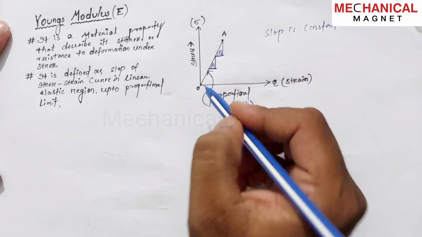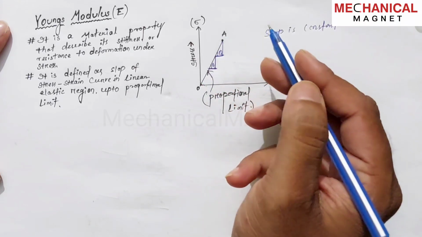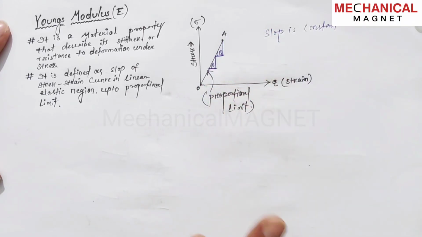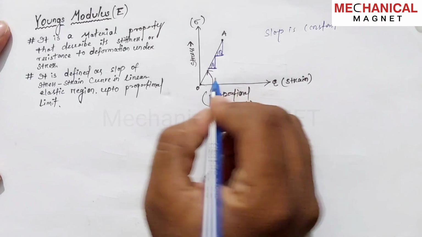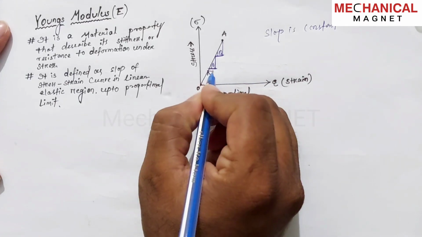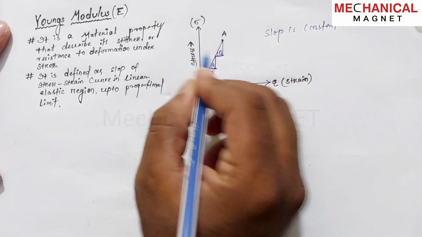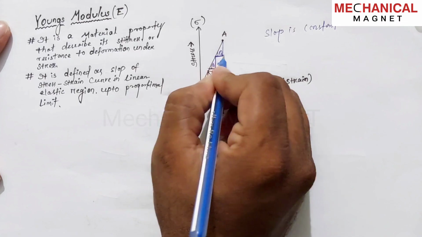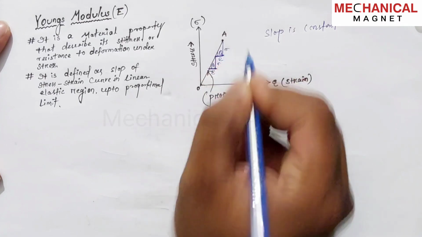If the body behaves linearly, O to A behaves as a linear behavior or the proportional limit, means here this is the strain and this is the stress, this is again strain and this is the stress.